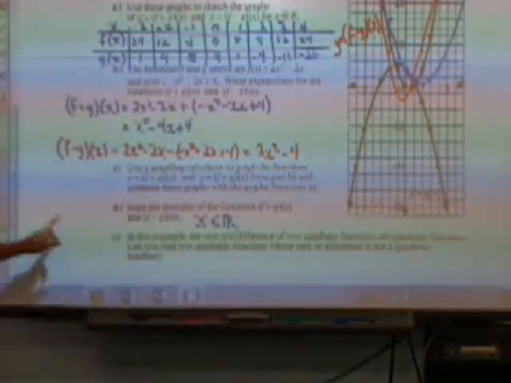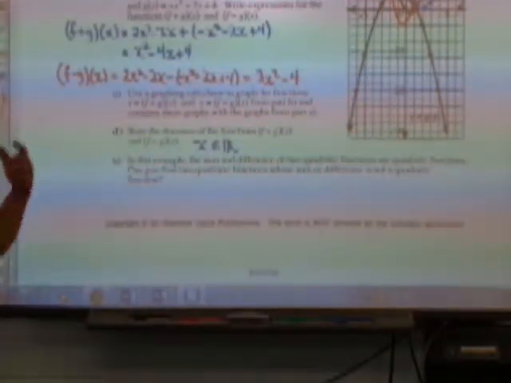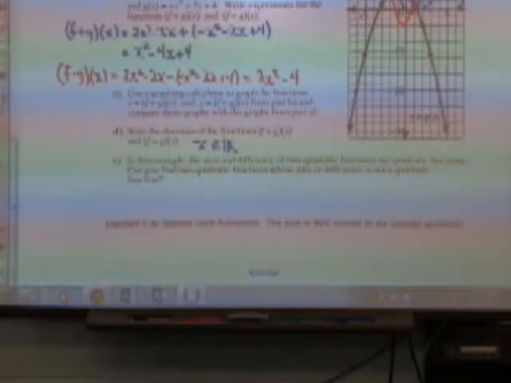So in this case, again, the sum and the difference of the quadratic functions resulted in another quadratic function. Can you think of an example where it does not result in a quadratic function? So what did we do with the linear functions?